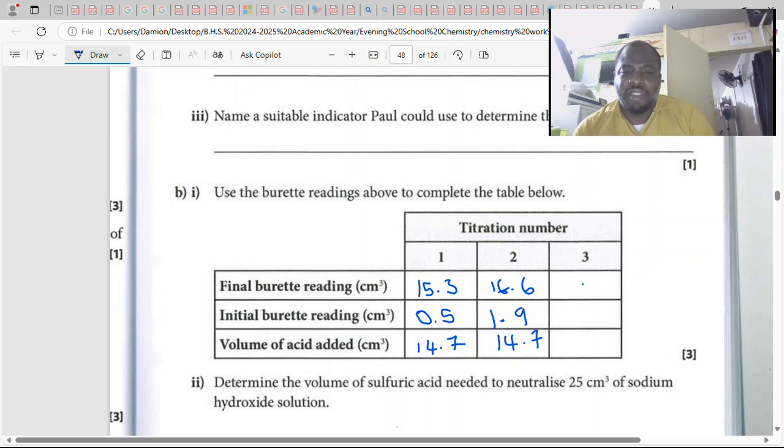So in this case, for the third time Paul did it, what was the initial? 4.2. And what was the final? 18.9.